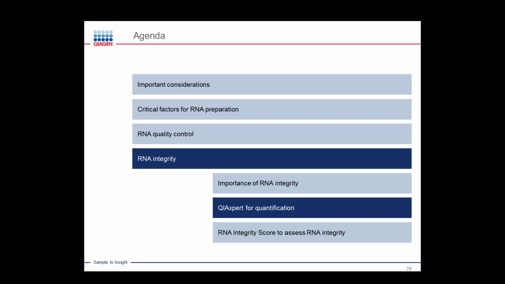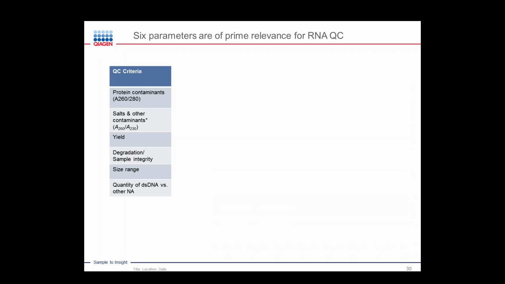In this section, I would like to present the actual state-of-the-art methods for the quantification of RNA and for the assessment of RNA integrity. In the sections before, I discussed different aspects and criteria that are important for RNA quality control. These criteria are listed and summarized in the table below in detail.